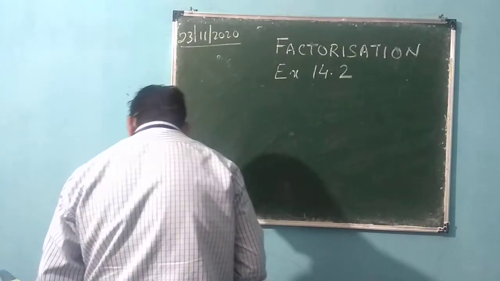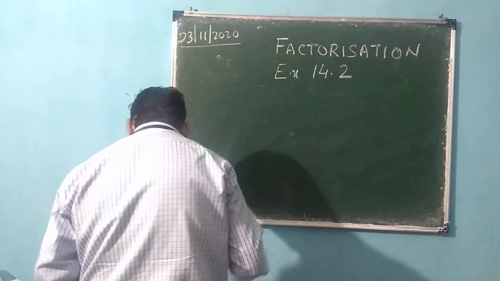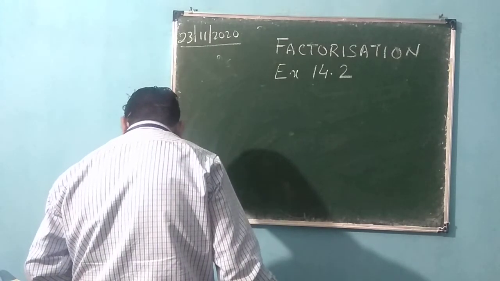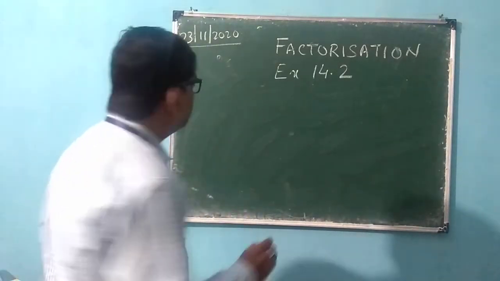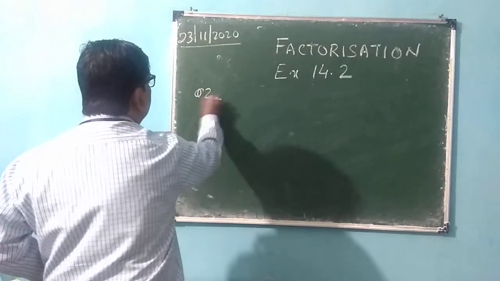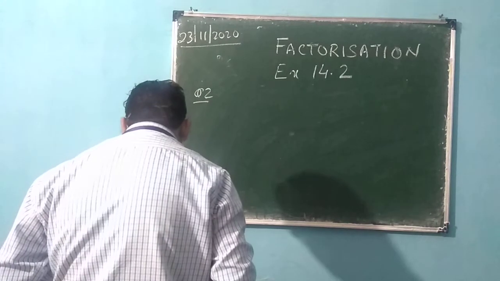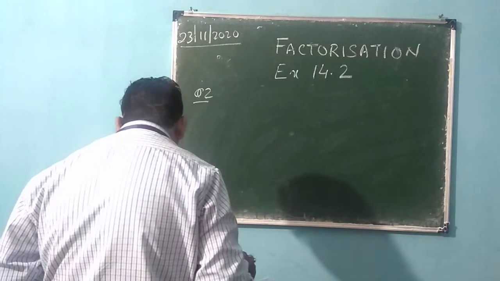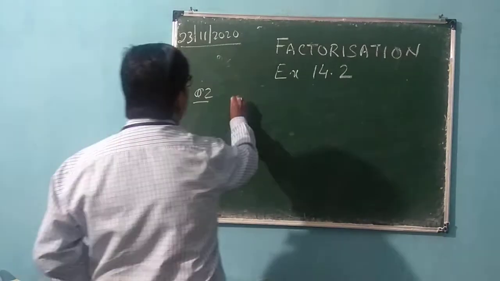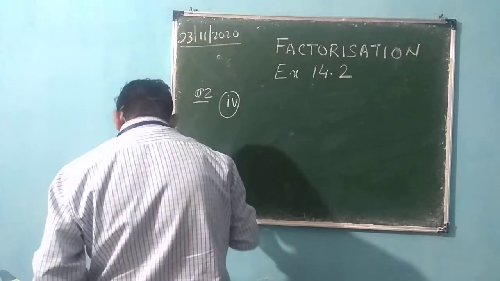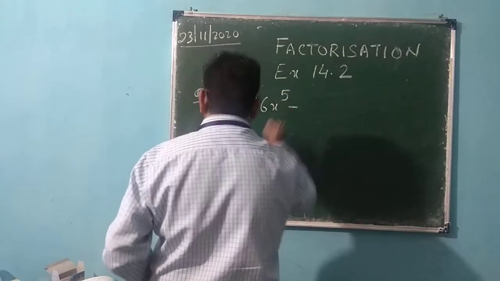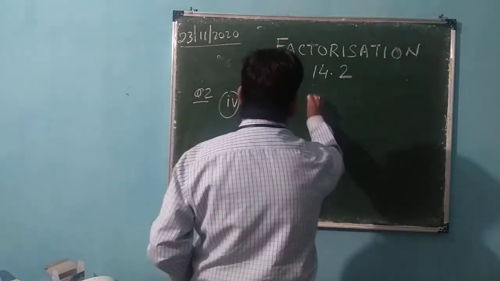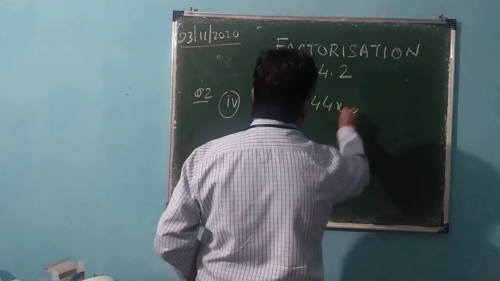Now let me start with question number 2 today. Question number 2, I will take the fourth part. This is 16x raised to 5 minus 144x cube.